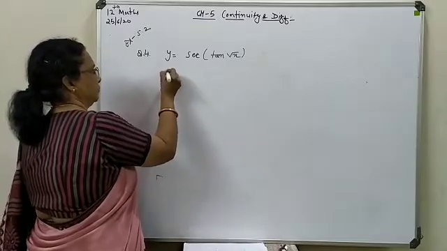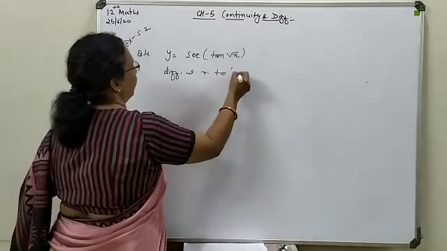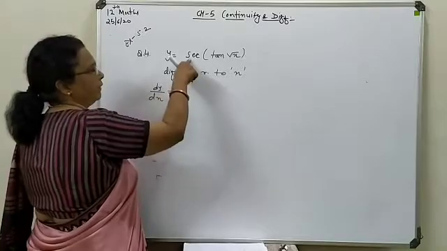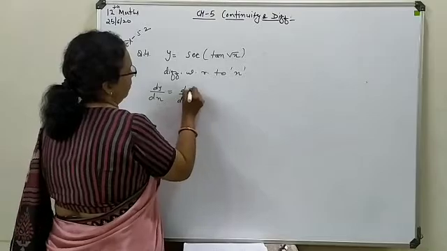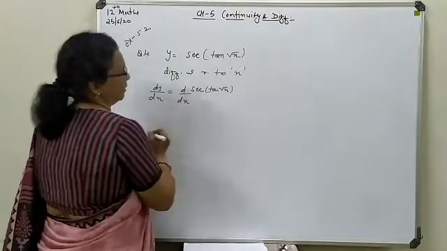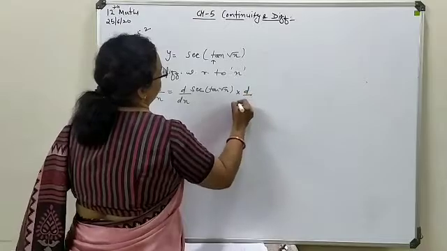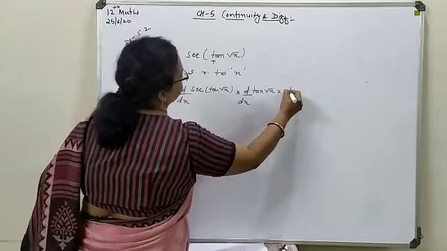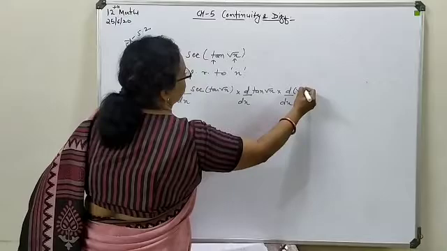So first of all, differentiate with respect to x. So dy by dx: first you will write the derivative of this sec, and the remaining terms you will write as such, as a theta form. Then move towards the second one, the derivative of tan of under root of x, into, lastly, the last function, that is under root of x.